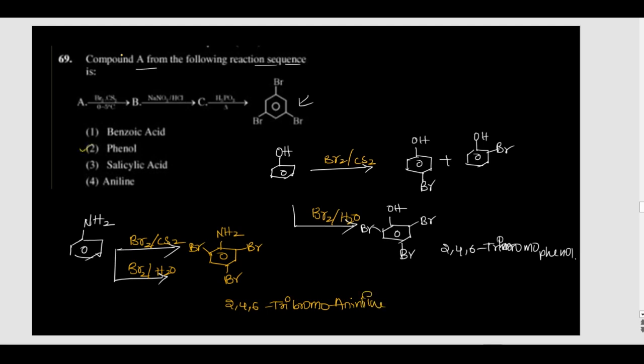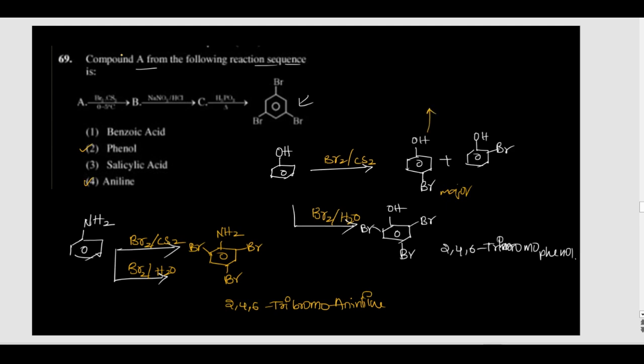They have given these two, phenol and aniline, for your confusion. We can't prepare this from benzoic acid and salicylic acid. If you take phenol, then in the presence of CS2 we'll get one of these. Let's take the major one.